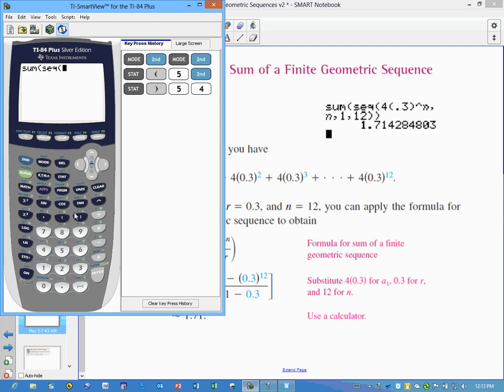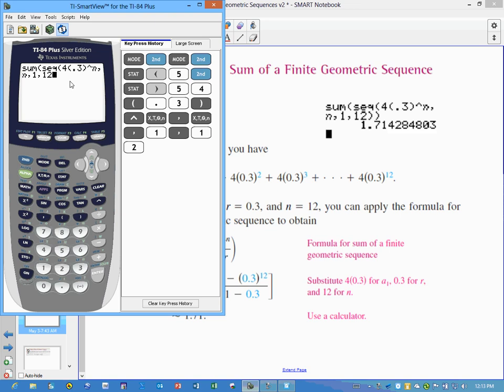So it's going to be 4 times 0.3 to the n. The sequence is going to be the general term, comma, the indexing variable, comma, the lower limit, which is 1, comma, the upper limit, which is 12.